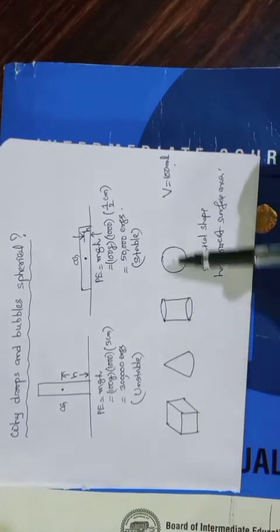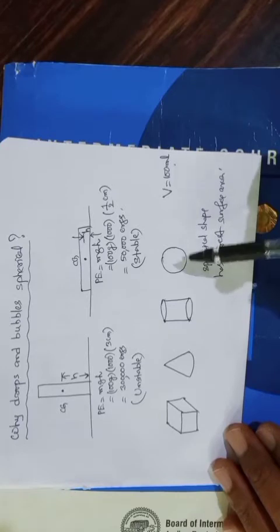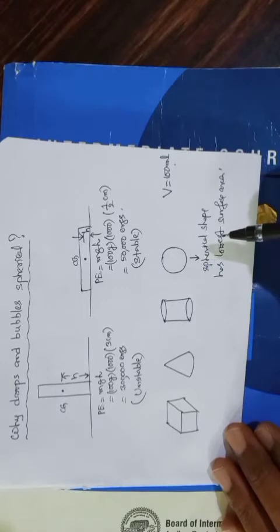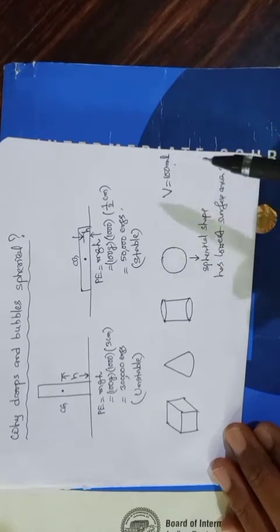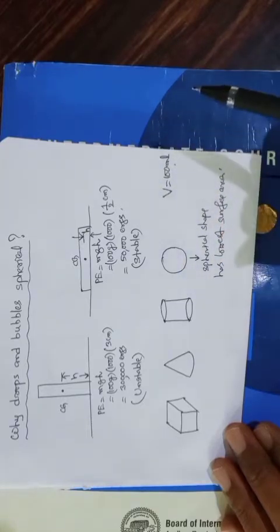So out of the different shapes, only this shape is having lowest surface area. Therefore, only in this case we can find lowest number of surface molecules and lowest amount of excess surface energy, which leads to higher stability.